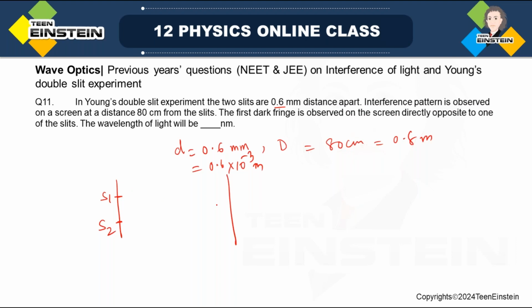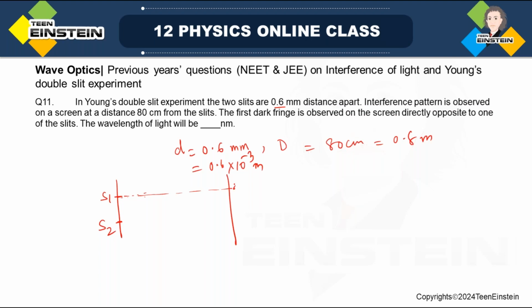See, you have two slits, S1, S2, and you have a screen here. So on the screen, the interference pattern is exactly opposite to one of the slits.